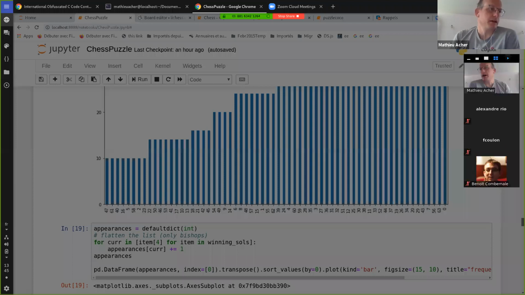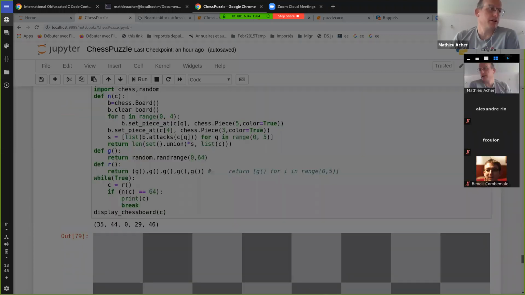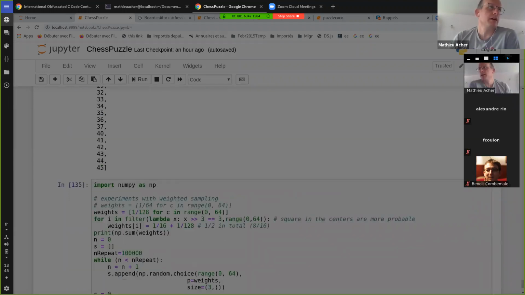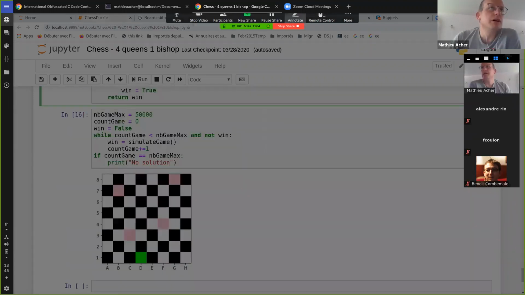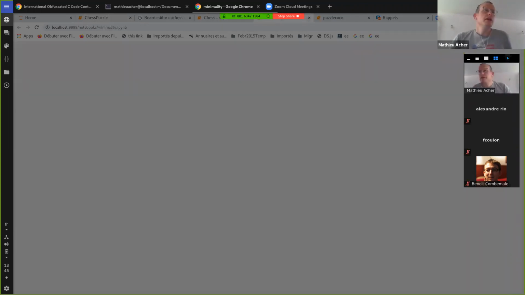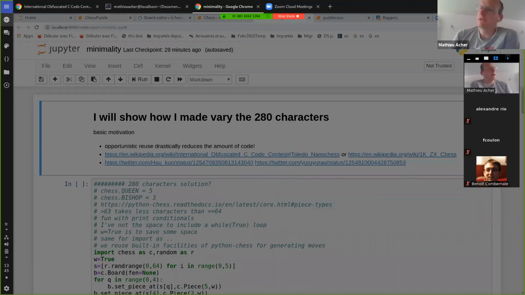Okay. So we are here. Okay. It's here. Wow. The Zoom stuff this time. Okay. So now we have a solution, right? A quite concise solution, and I was quite surprised by the conciseness of the solution with the opportunistic reuse.